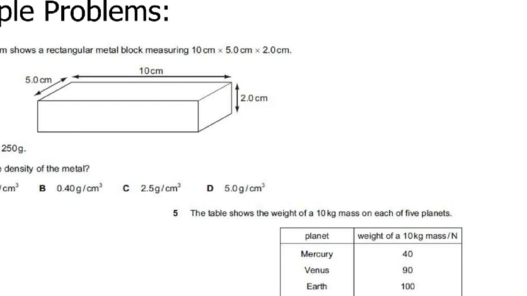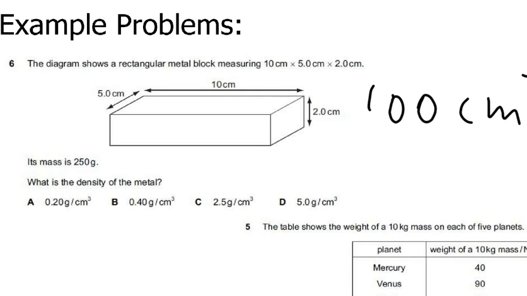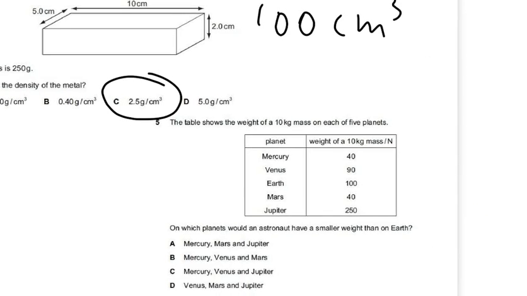Multiply those together and we get 100 cubic centimeters. We know the mass is 250 grams, so 250 divided by 100 is 2.5 grams per cubic centimeter. So that's an example of calculating density.